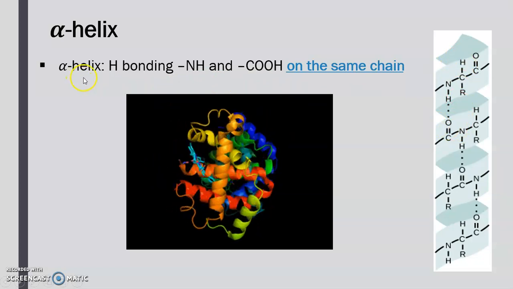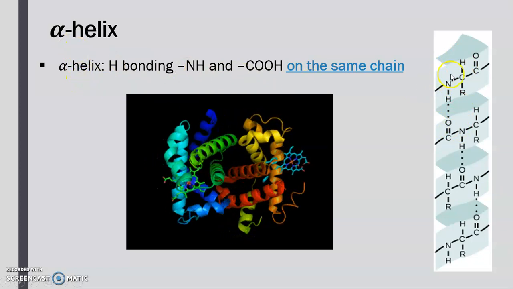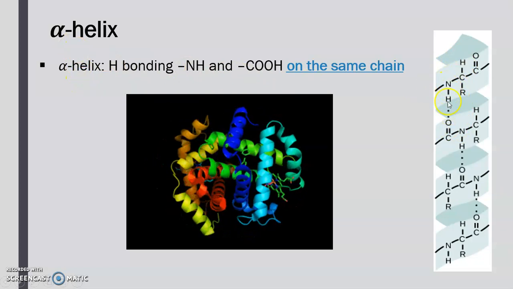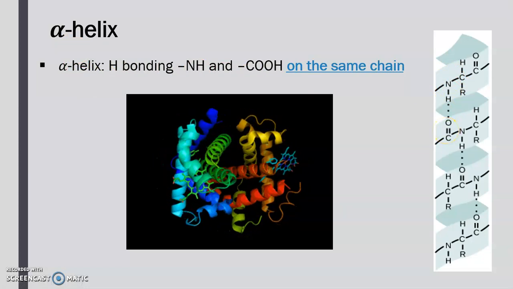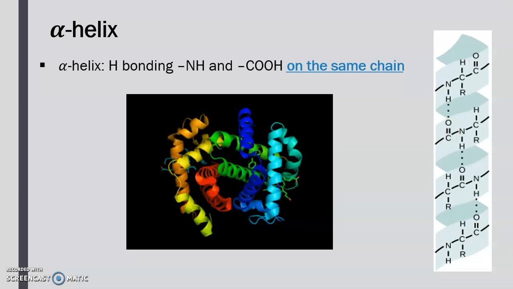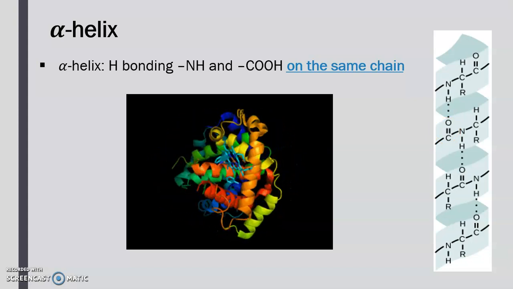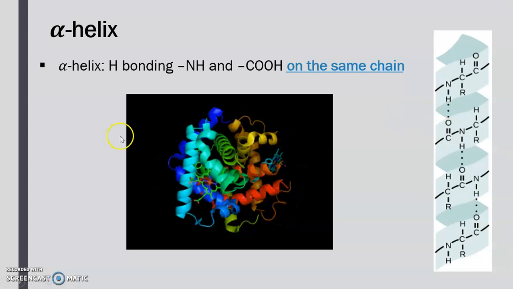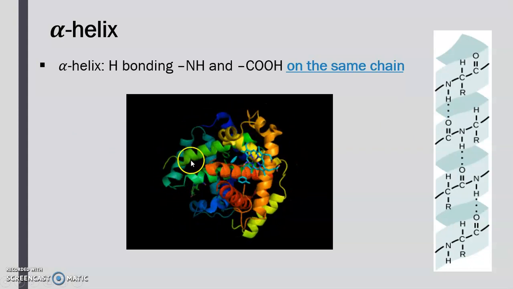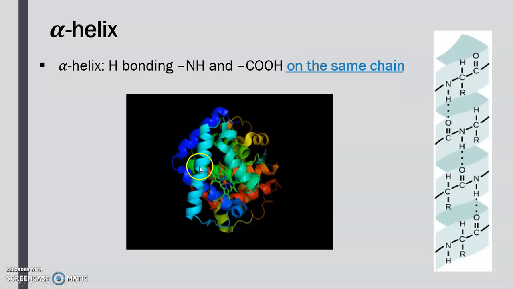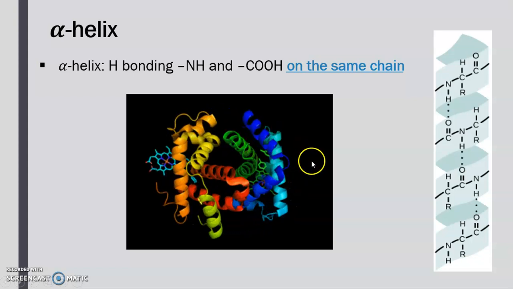If you are going to form an alpha helix, it has to be the hydrogen bonding on the same chain. Otherwise, it cannot really coil into each other, right? The reason that it coils is because the hydrogen bonding brings them together. So if you see a tertiary structure of protein, you can actually clearly see the secondary alpha helix there.